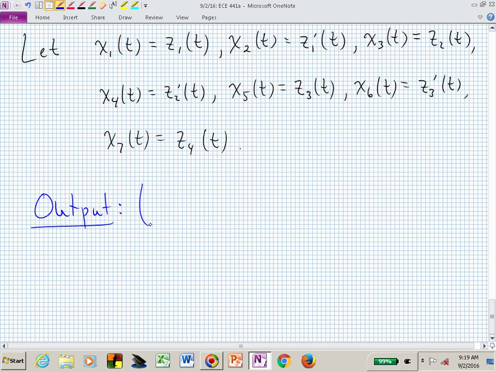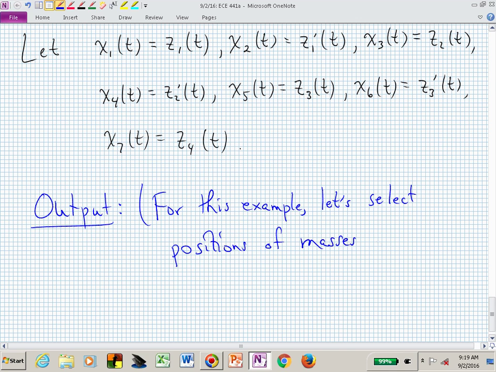In this case, for this example, let's select positions of masses.